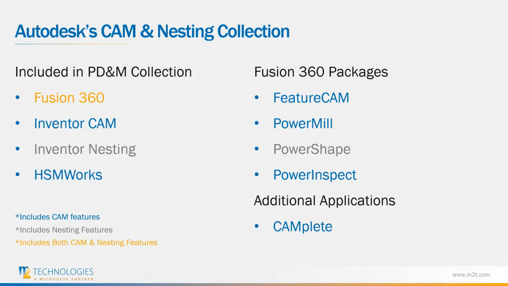Next, we have a few additional applications which can be used for more specific applications or a little more power within your CAM toolset. First is Feature CAM, which provides a wizard-based feature recognition.